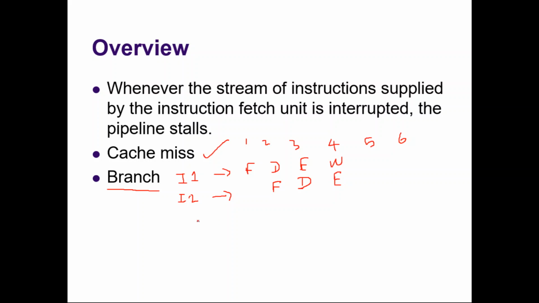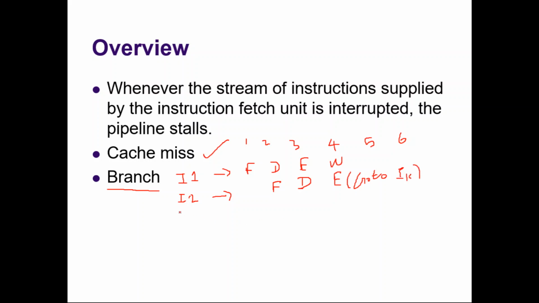Branch means the control will be transferred to some other instruction, right? So this instruction says go to instruction K, that is the branch target address. Let us assume the branch target instruction is IK.